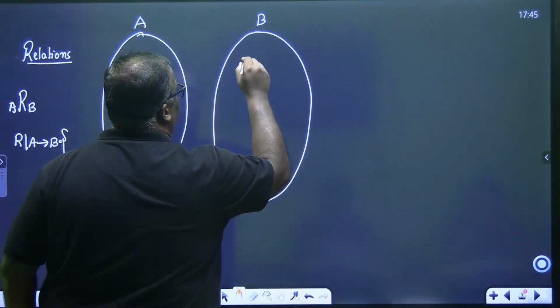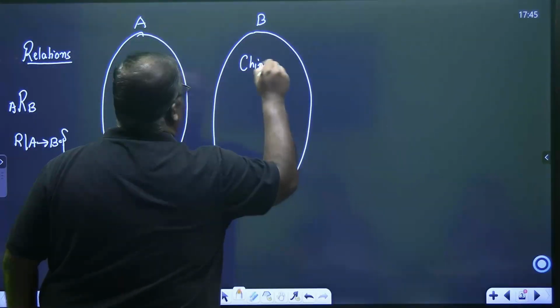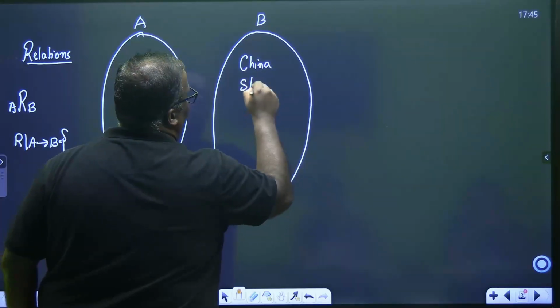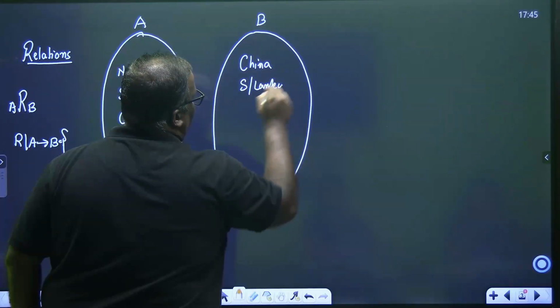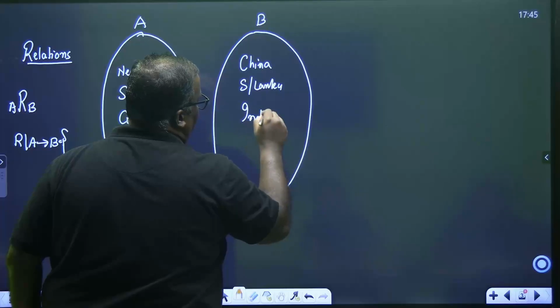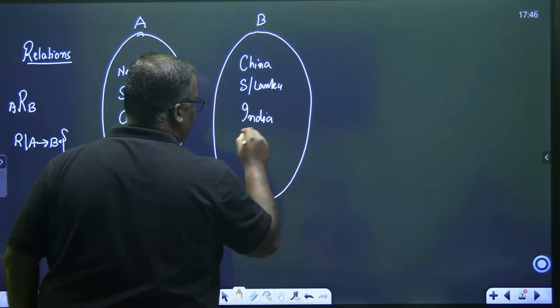Then I have Colombo. I have Bangkok. And let's say I have another city, Tokyo. The cities. Okay. On this side, I have things like China. I have Sri Lanka. I have India. I have England.